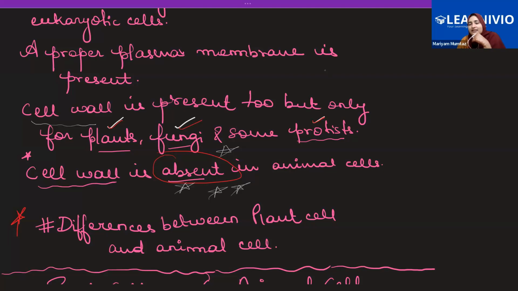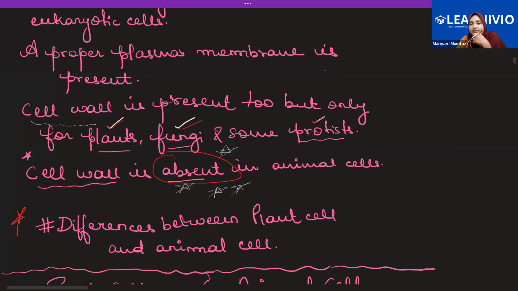Very bad, very bad. Chitin. Remember, I told you people to remember it as chitin, to remember the spelling? Or forgotten? Yes, ma'am, I remember. So chitin is what the cell wall of fungi is made up of.